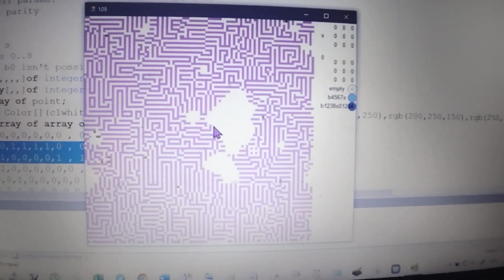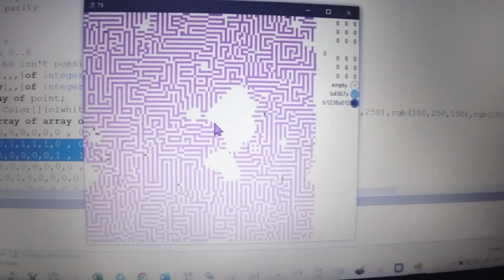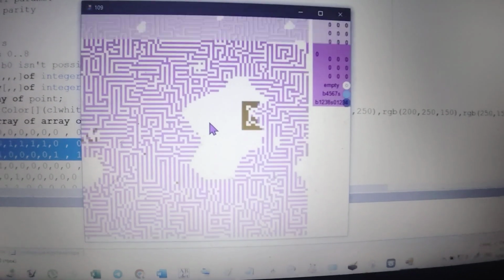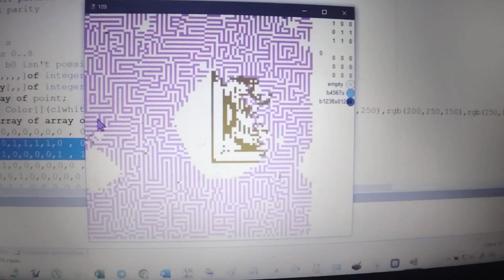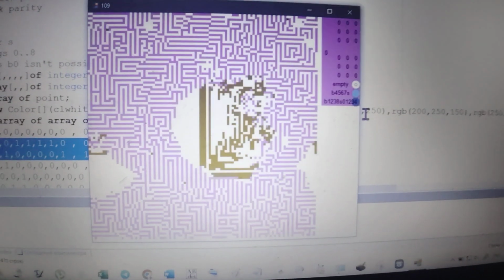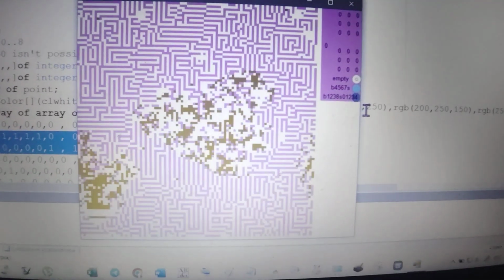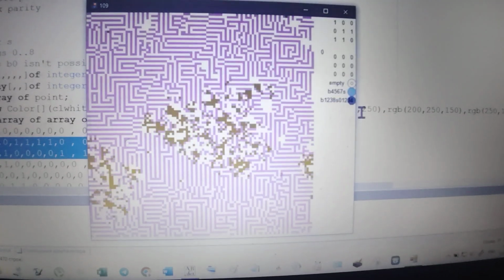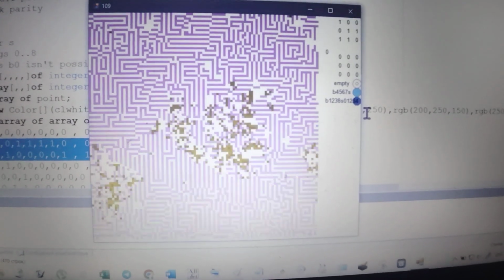But what happens if I turn off the sustain rule? Yeah, the breaking of the yellow thing loose is happening even inside the labyrinth. And after it is formed, after it has broken loose, we can see it isn't quite eaten by the labyrinth.